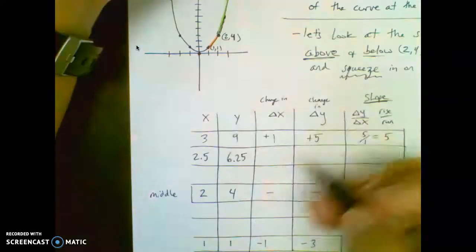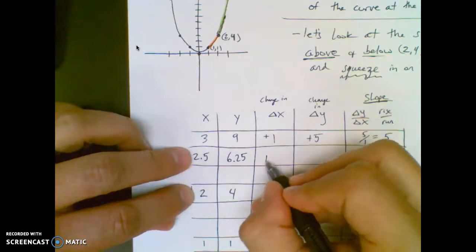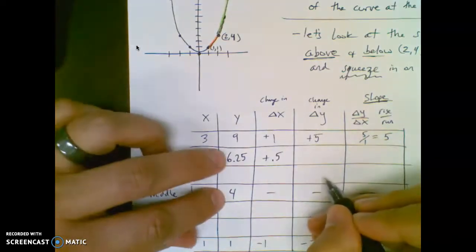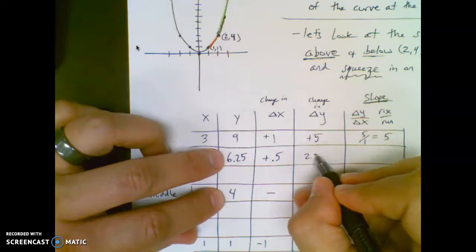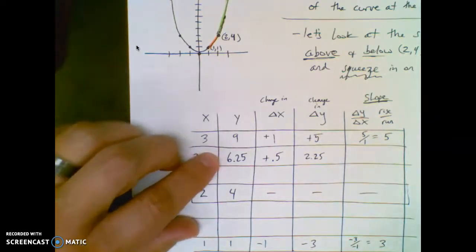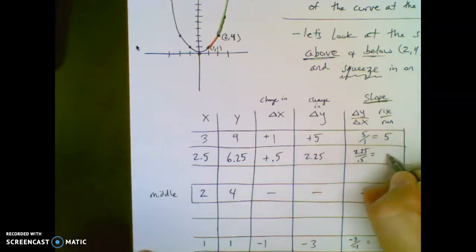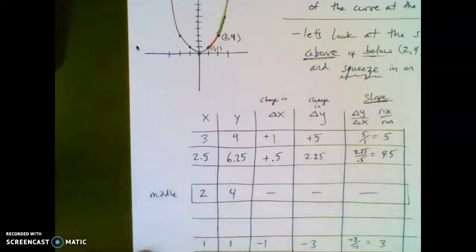It's not the exact slope we need, but okay, how much did x go up? It went up by 0.5. How much did y go up? 2.25. It was a 4, now it's 6.25. And if you put 2.25 over 0.5 and divide, you get a slope of 4.5.